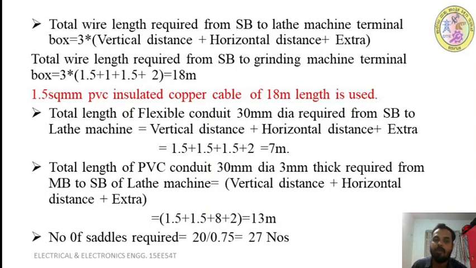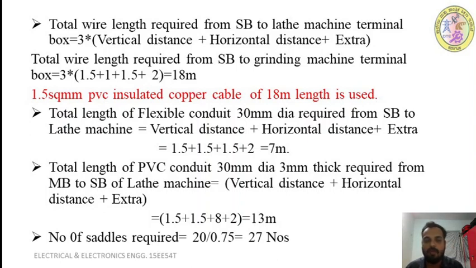So the total wire length required from starter board to the lathe machine terminal is equal to 3 into, so vertical distance is 1.5, that is a vertical drop you are taking, and next 1.5 meter vertical rise plus 1.5 meter of horizontal distance plus 2 meter for extra or looseness we are taking. So that becomes 6 into 3, which is equal to 18 meter.